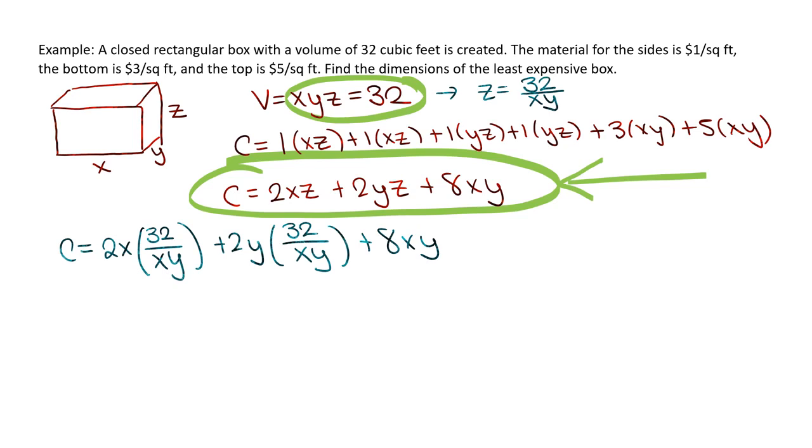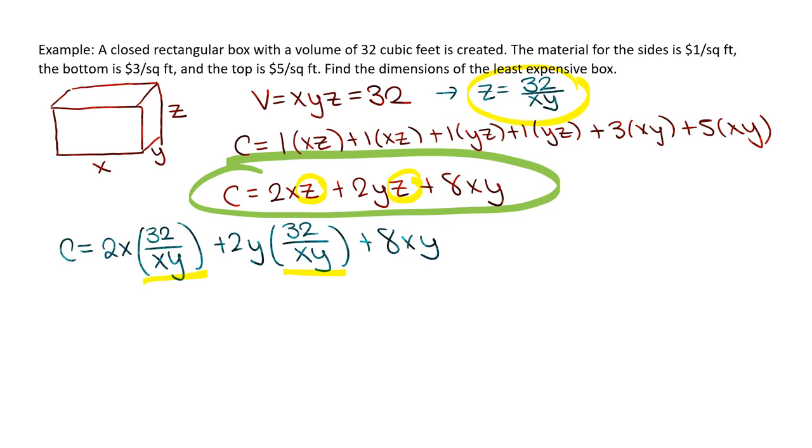So if the volume equals 32, xy times z equals 32, then z has to equal 32 divided by xy. And so I'm going to take 32 divided by xy and plug that in for z in my cost equation, and then try to simplify. And this will give me a cost function in terms of x and y. I'll have a function of 2 variables, and then I can apply the methods that we've learned in this video.